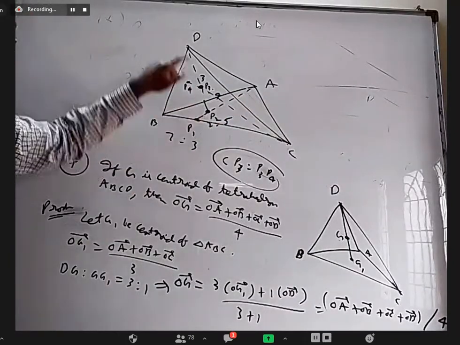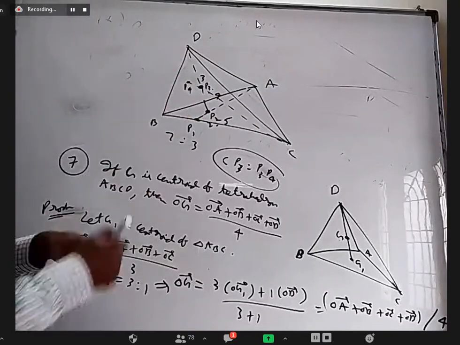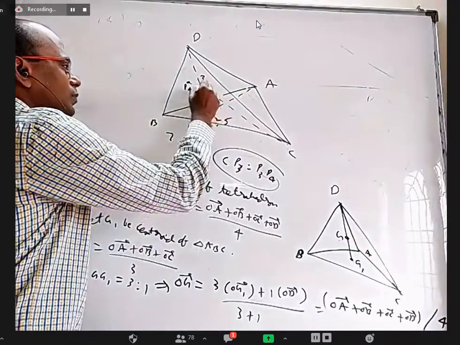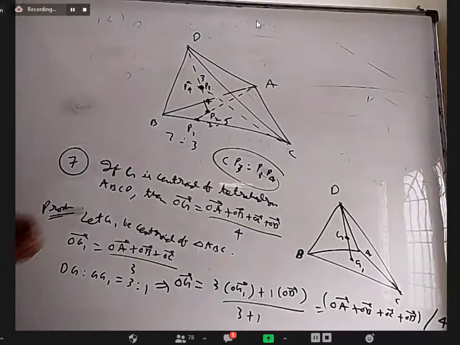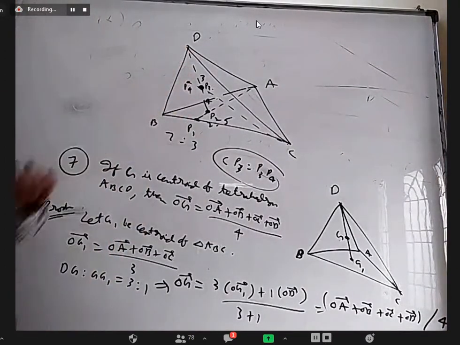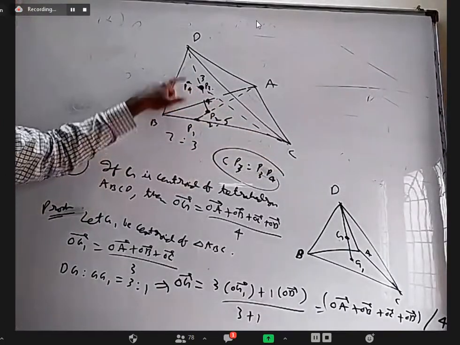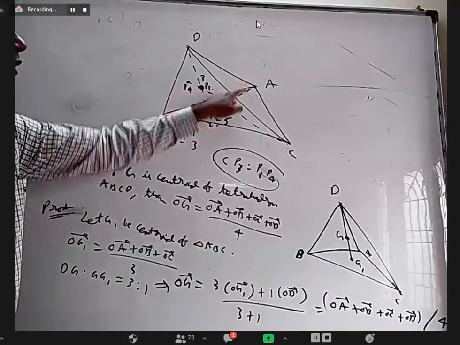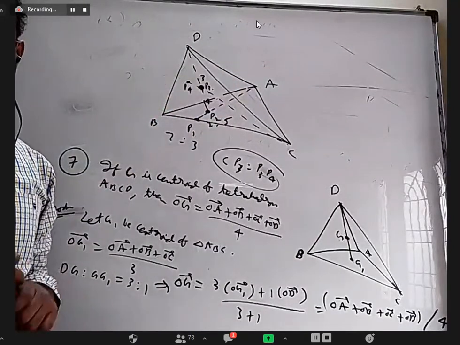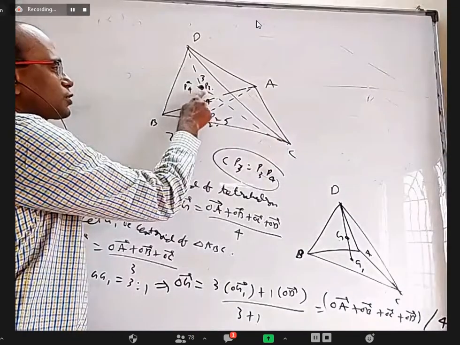Now take that and join to D. That is D and P2. You can divide in the ratio 3:4. That I am calling P3. P3 is somewhere inside the tetrahedron. Take C and P3 and extend it. It will meet plane ADB at some point P4. I can ask what is CP3 is to P3P4.